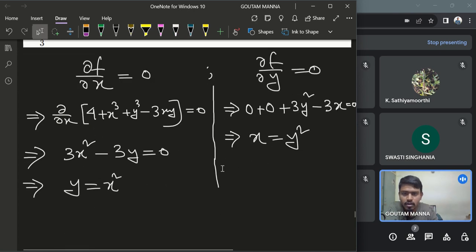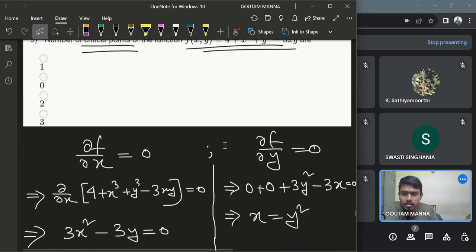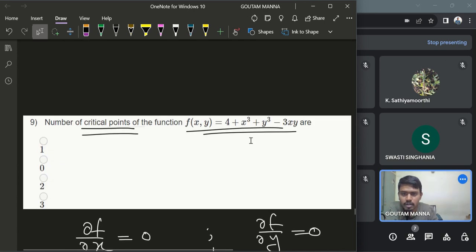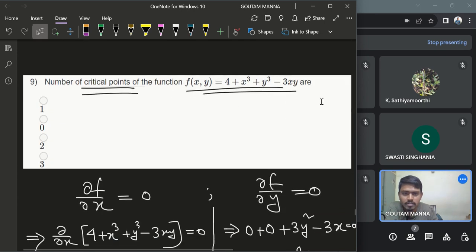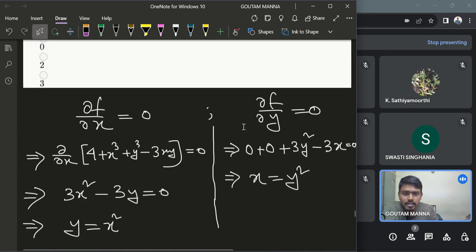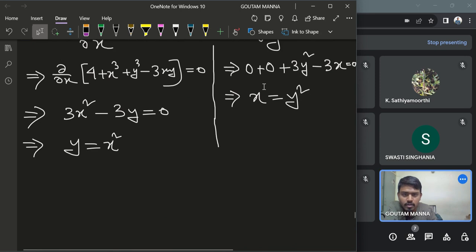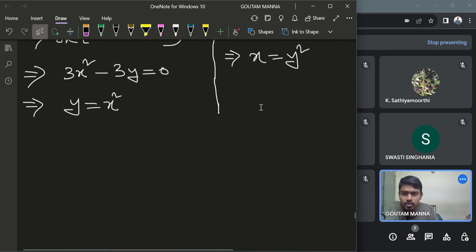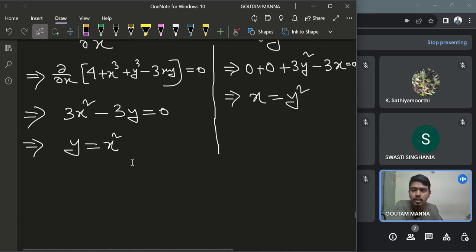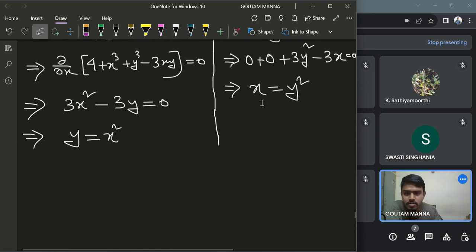So we need to find all the points. As we're talking about the critical points, we will only be talking about the real points. So in that case we'll be finding all the points which satisfy these two relations.